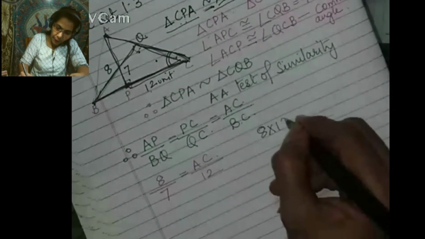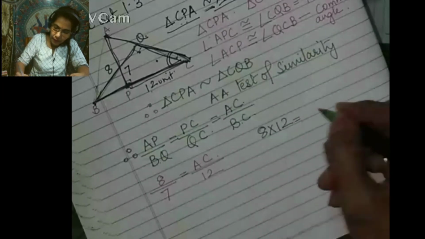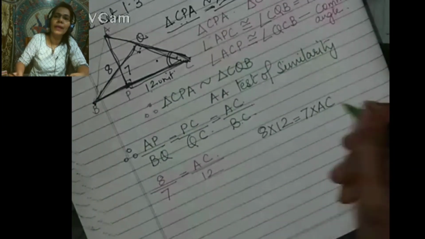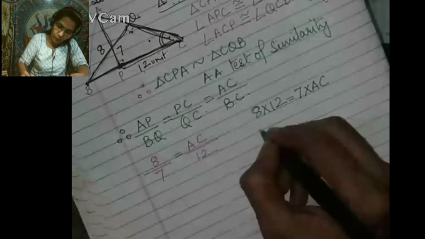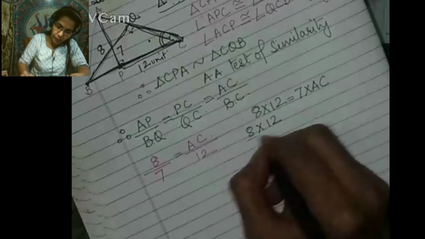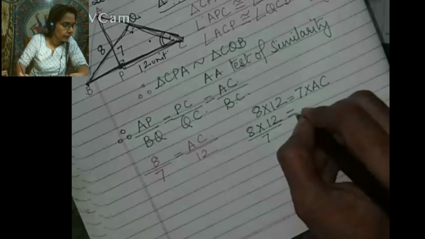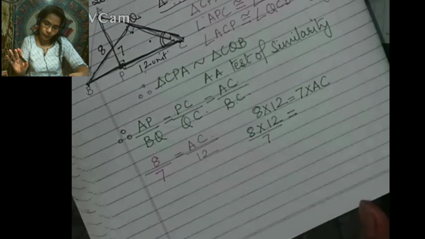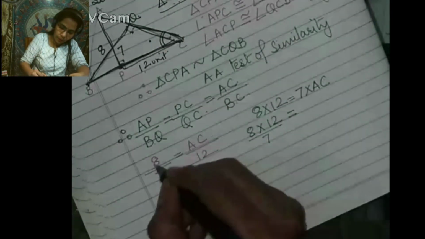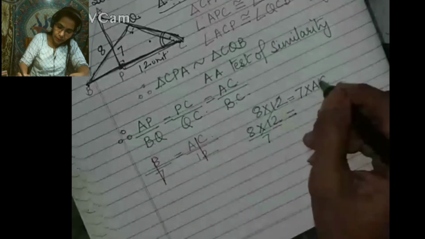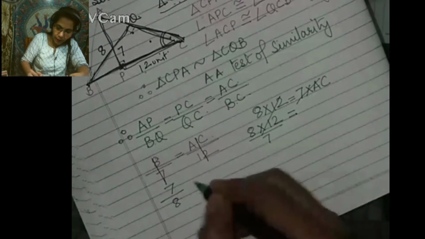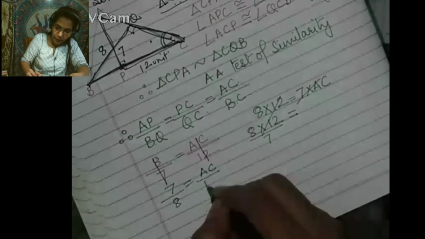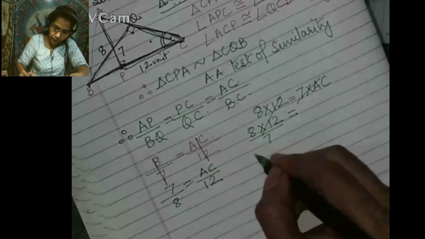Cross multiplying, 8 multiplied by 12 is equal to 7 into AC. One second. AP is equal to, okay, sorry, AP is equal to 7 units. So 7 upon 8 is equal to AC upon 12.